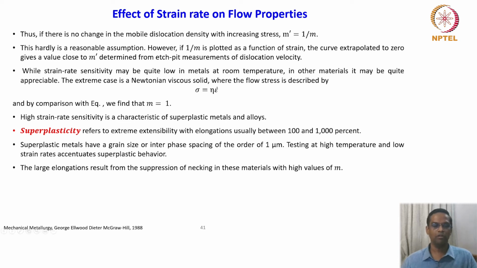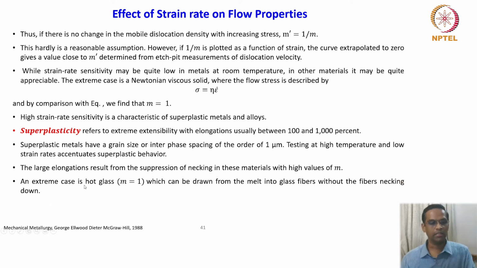This point you have to keep in mind. If any material exhibits a high value of M, that means this material has the highest resistance to necking. Then it will promote superplastic behavior, that means a higher percentage of elongation.